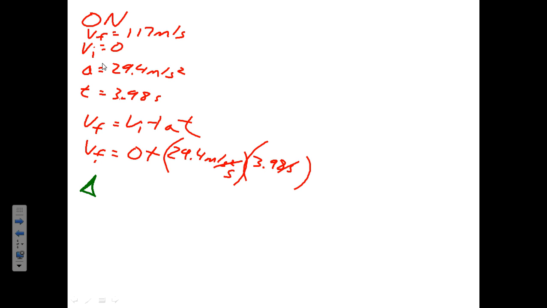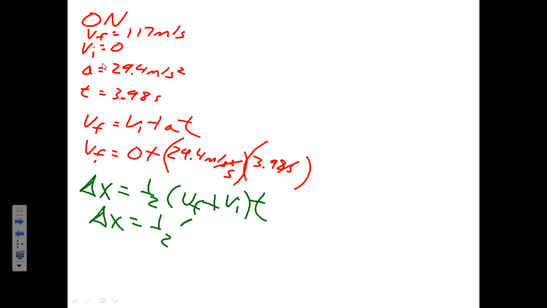So for the displacement, the easiest way to do that would probably be to use this equation. What you got? Go ahead, Matt. So we got delta x equals 1/2 times 117, the final velocity, plus 0, the initial velocity, times 3.98.